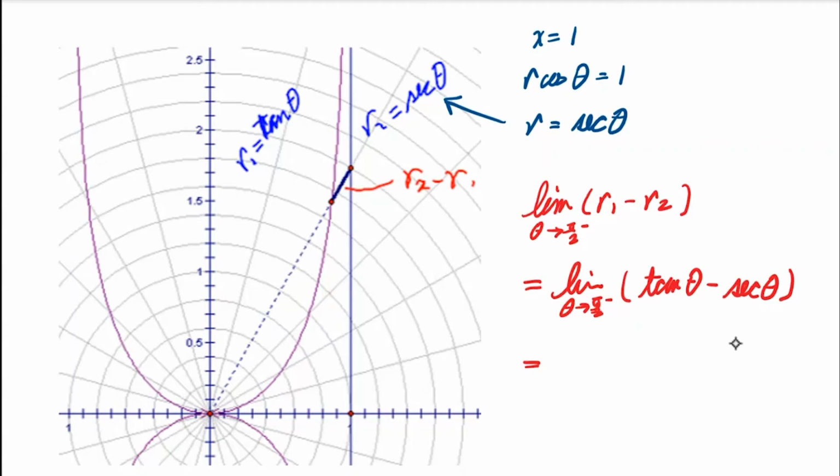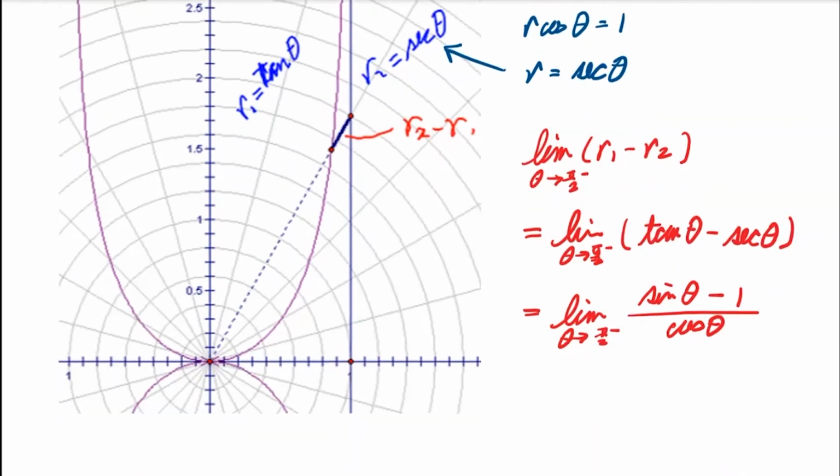0 doesn't care. Okay, so the vertical asymptote of tangent is at pi/2, and the vertical asymptote of secant is at pi/2, right? So this is infinity minus infinity. How did we deal with infinity minus infinity in chapter 8? Common denominator, right? So this is sine over cosine, and this is 1 over cosine.